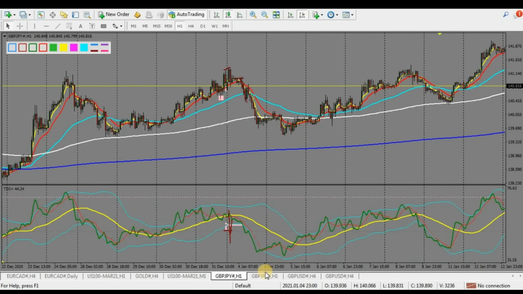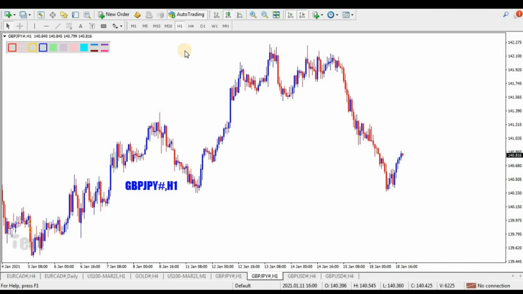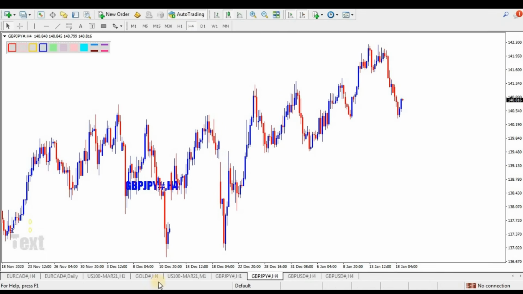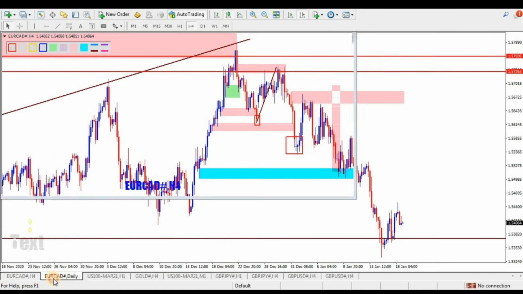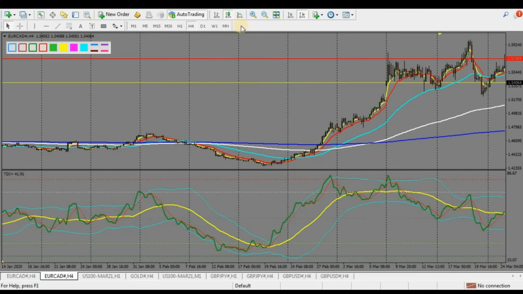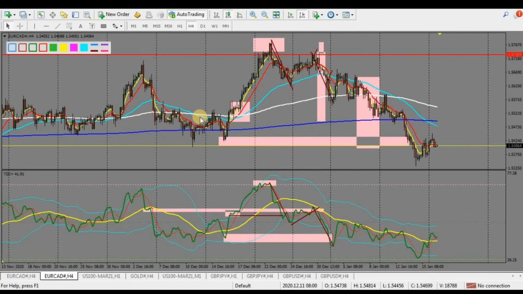What matters is you always need to understand your structure from a clean chart. But you can then use your TDI to get an idea of the structure, because when the cycle is clear, you will know where price might push to, and this will help you manage your risk well.